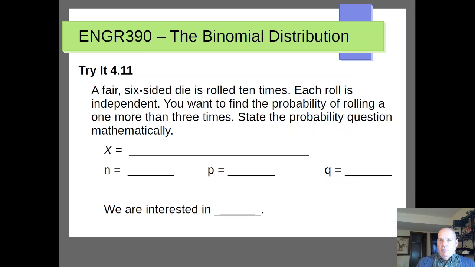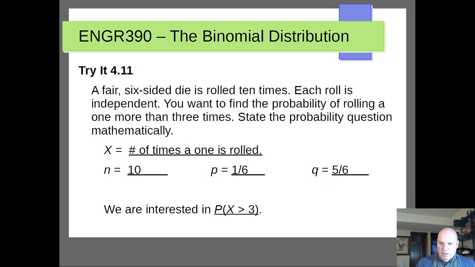What is n, the number of trials? What's P equal to? What's our probability of success? And what's Q equal to? And then we're interested in what particular probability. So pause the video, take out a piece of paper, and write down your answers to these, and then come back and restart the video. I'll give you a second.